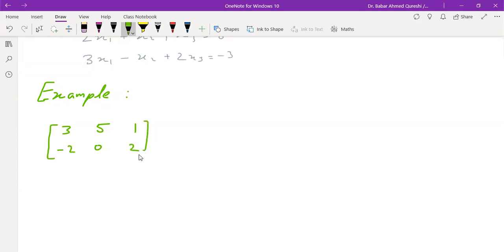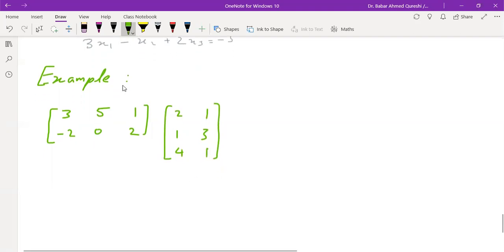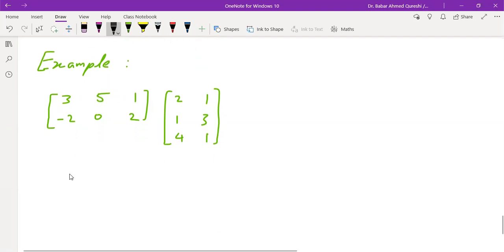So I have one of this matrix, and then I have, and we also have to decide if we can even multiply them, because we cannot multiply all matrices with each other. So like if I take these and call it A, call this B, and I'm trying to find A times B.